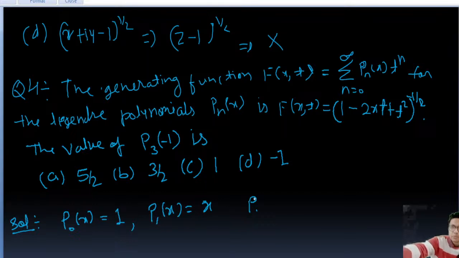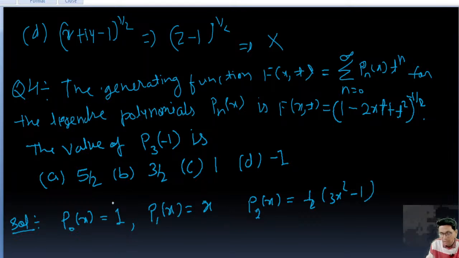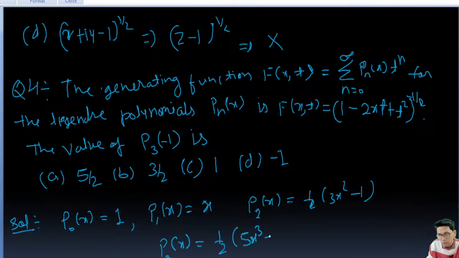Okay guys, just give me 1 minute, I'm just checking this file. The value of P2(x) is 1 by 2 into (3x square minus 1), and the value of P3(x) is 1 by 2 into (5x cube minus 3x).